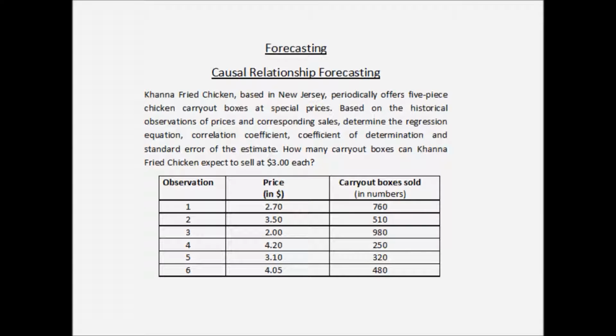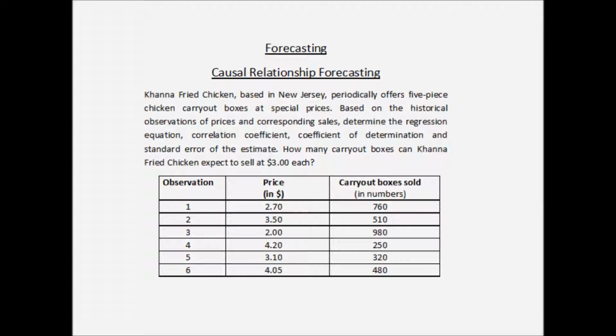Based on the historical observations of prices and corresponding sales, determine the regression equation, correlation coefficient, coefficient of determination, and the standard error of estimate. How many carry-out boxes can Khanna Fried Chicken expect to sell at $3 each?